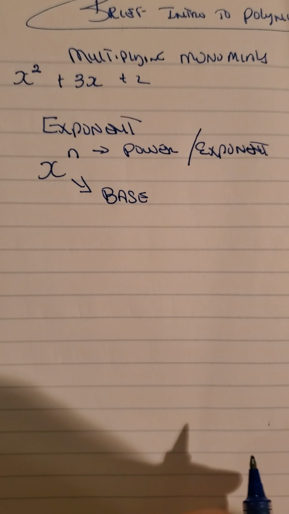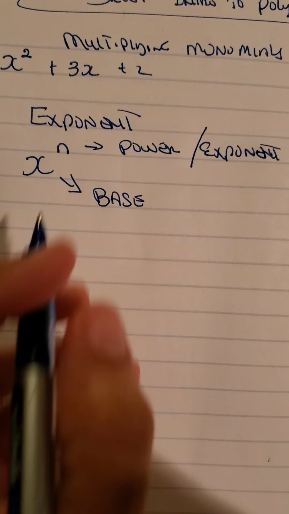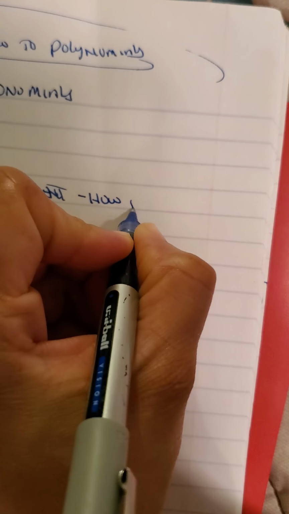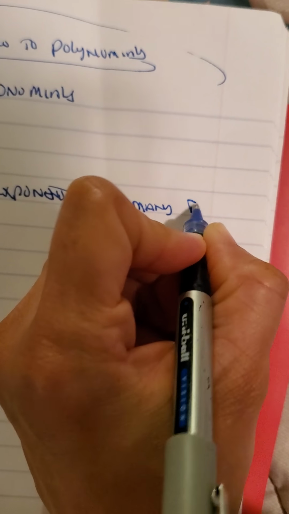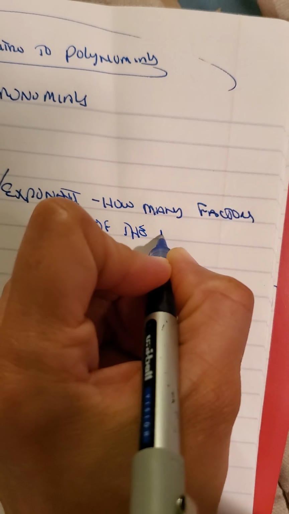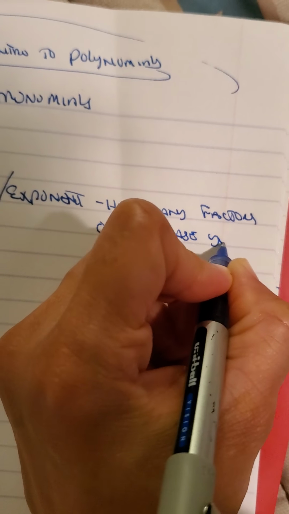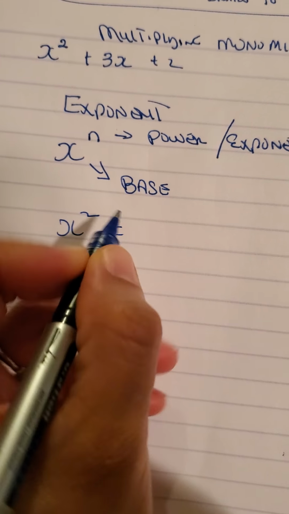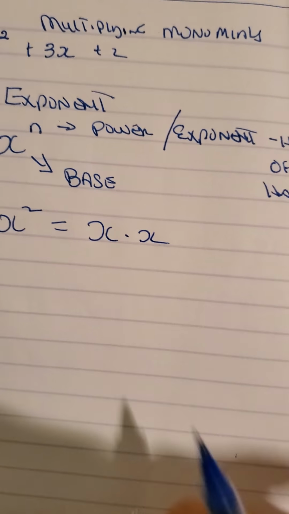I've explained to you in the past that the power or exponent of a base really tells you how many factors of the base you have. So if I have x squared, it's saying I have 2 factors of x.